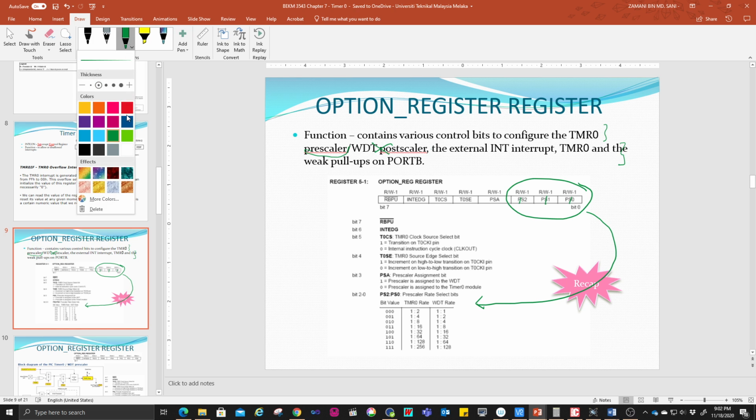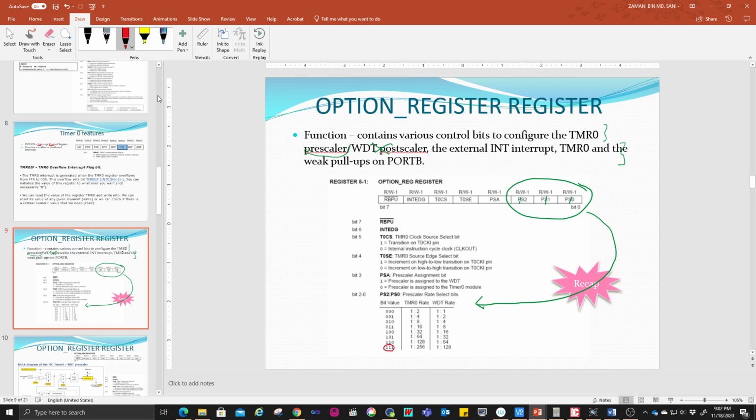So 111 means you are selecting this value, and the prescaler you are using is 256, which means that your frequency will be divided by 256.